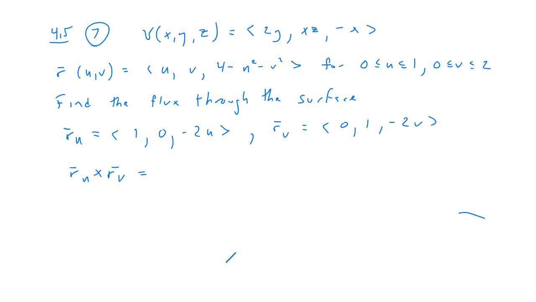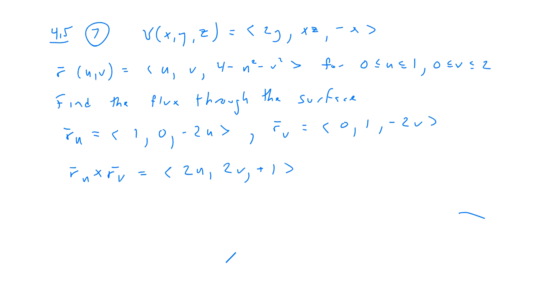Take the cross product, which is, okay, 2u, 2v, and positive 1. Not sure why I got negative.